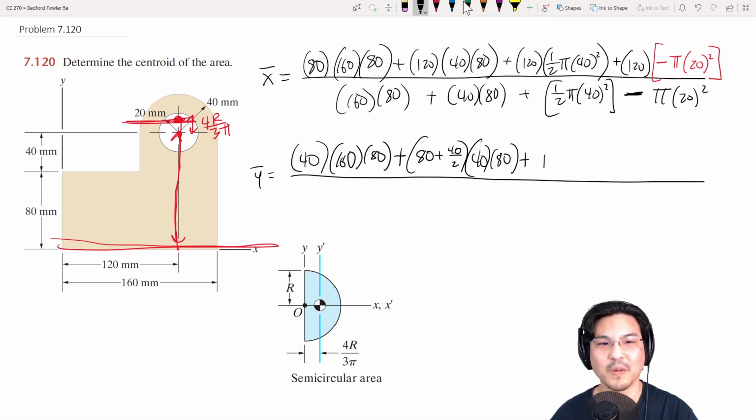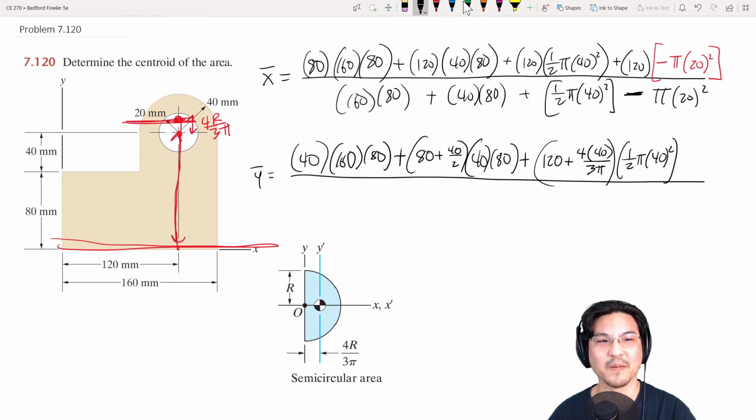So 120 plus 4r over 3 pi, times the area of that semicircle, 1/2 pi r squared.